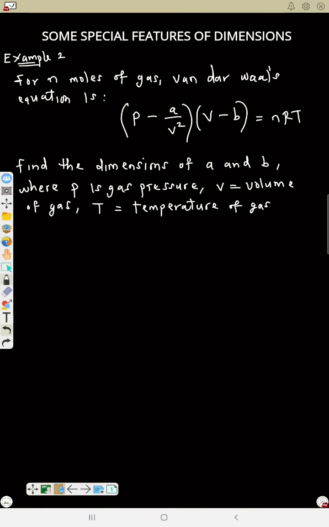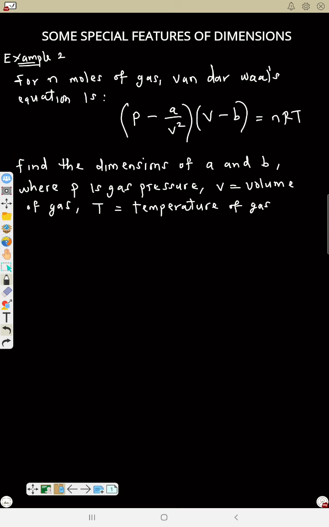Example 2. For n moles of gas, the Van der Waals equation is (P minus A over V squared) times (V minus B) is equal to nRT.